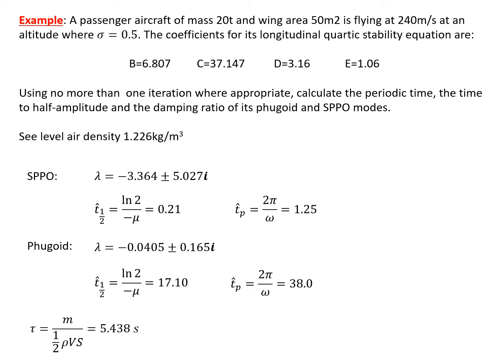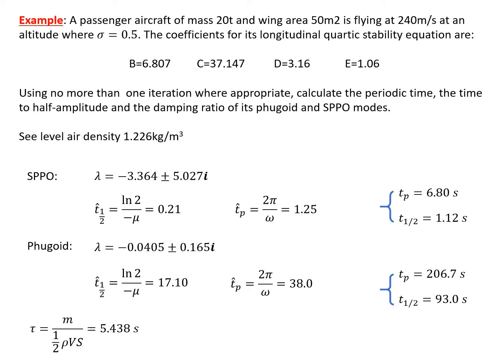Multiplying by this tau, you will have the T_P and the T half. For the short period pitching oscillation, the period is estimated to be 6.8 seconds, but for the phugoid mode, the period time is 206.7 seconds.